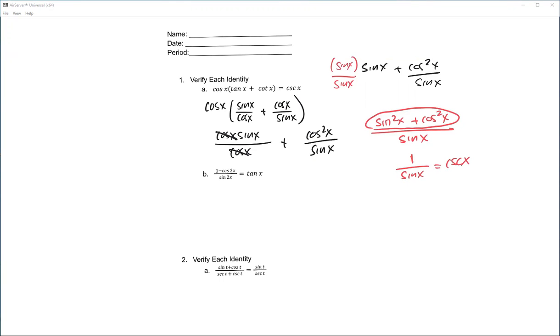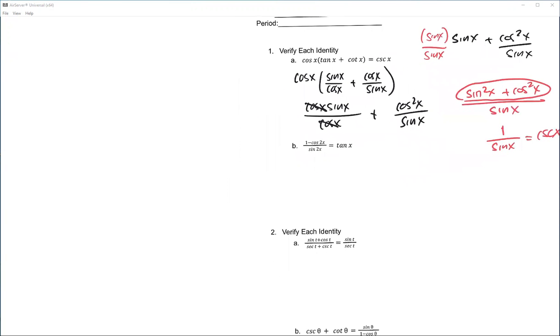Number 2, or letter B, we have 1 minus cosine 2x over sine 2x. So remember, this is 1 minus, and we're going to replace the cosine 2x with 1 minus 2 sine squared x all over, and then the sine 2x, we're going to replace that with 2 sine x cosine x.